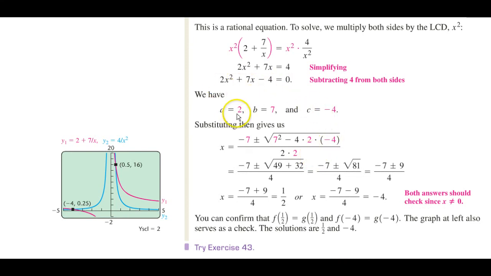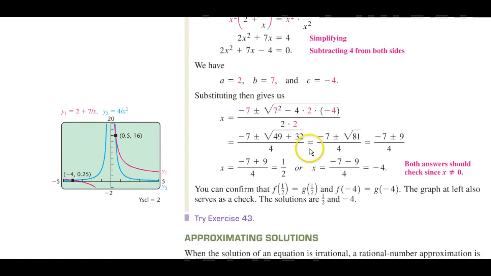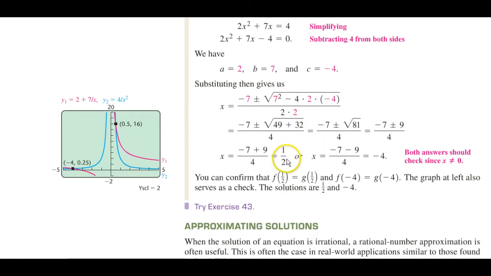So if you solve it, again, you have to identify the A, identify the B, identify the C. Carefully substitute, and you end up with a 1/2 and a -4. This would factor. And let me show you the factoring, because the other work is there. So 2x, x.